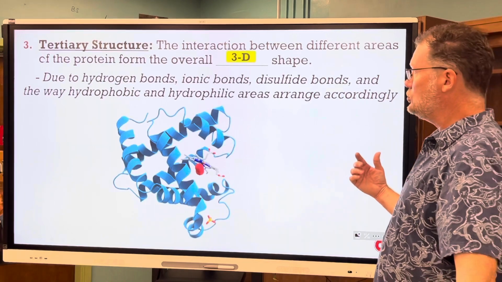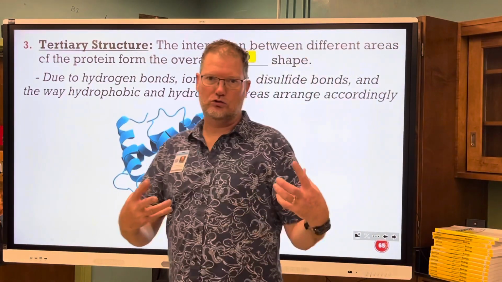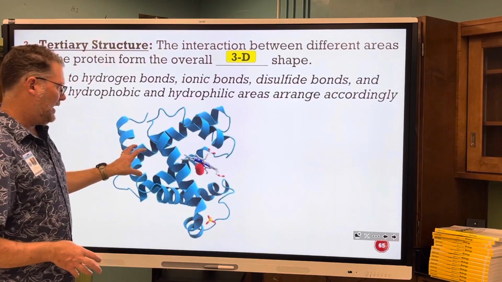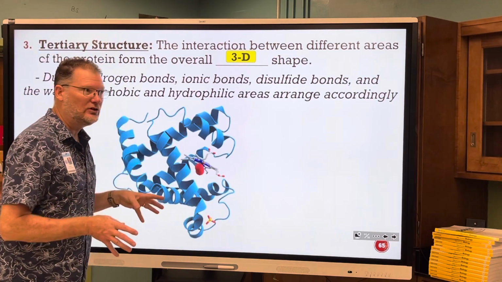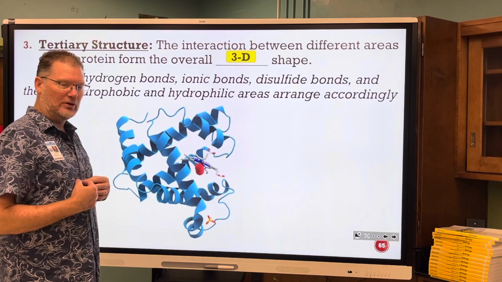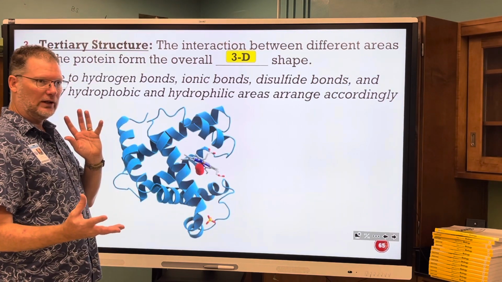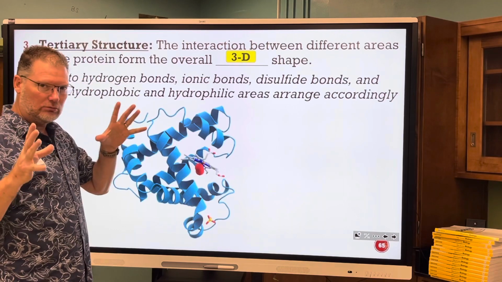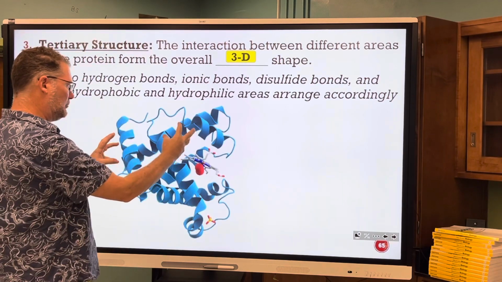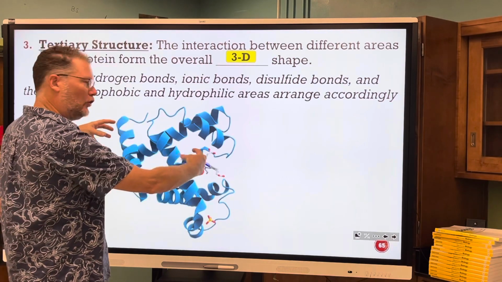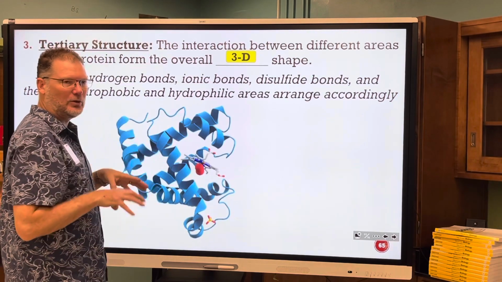Then you have the tertiary structure, which now is your true three-dimensional protein. And there's technology today where biochemists can put on virtual reality equipment, glasses and gloves, and they can manipulate and turn these proteins and pull them apart and see exactly what they do.